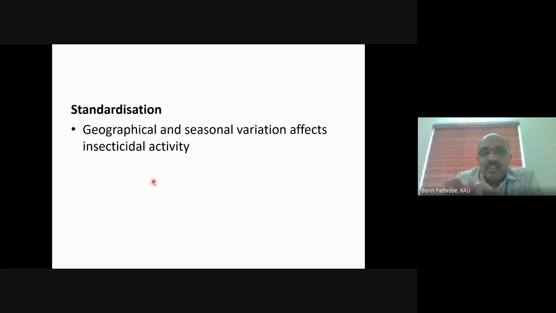Usually it is available in monsoon. They found that there is huge variability of azadirachtin content across geographical locations.